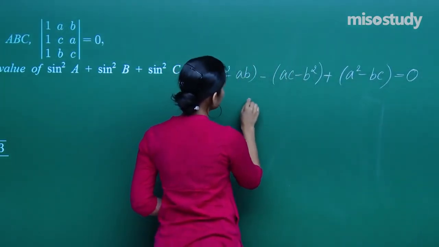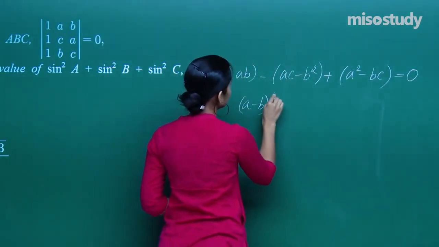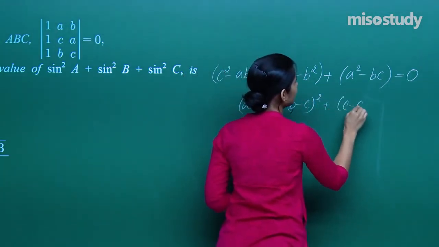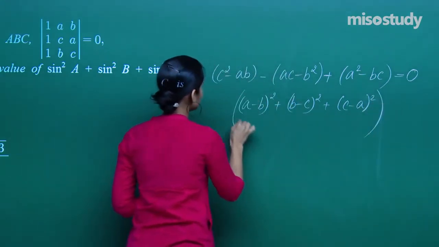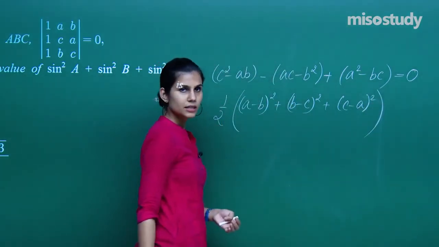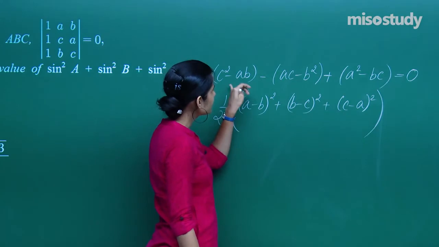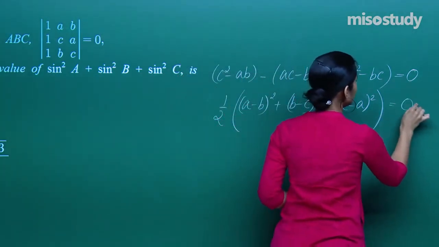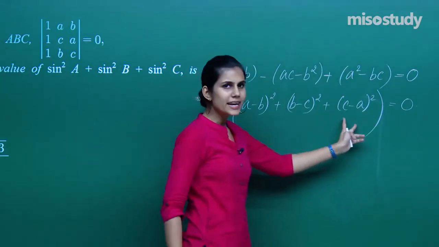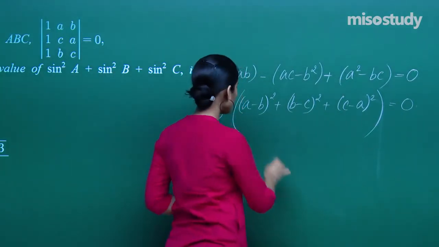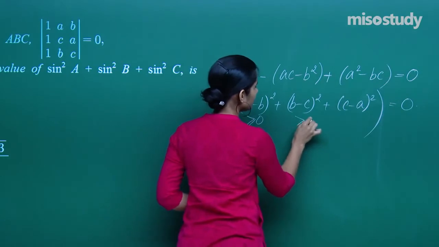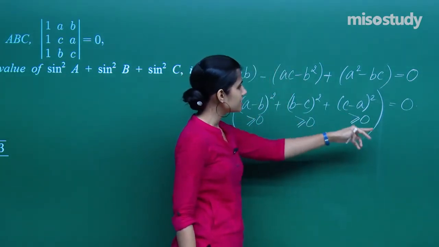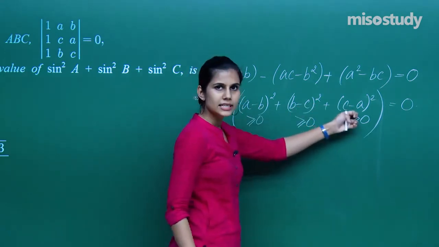From here you can very easily interpret, I can write this as A minus B whole square plus B minus C whole square plus C minus A whole square, whole multiplied by 1 by 2. Because this is A square plus B square plus C square minus AB minus BC minus AC. This is given to be 0. Whenever the sum of non-negative terms is 0, that means each of these terms is 0.